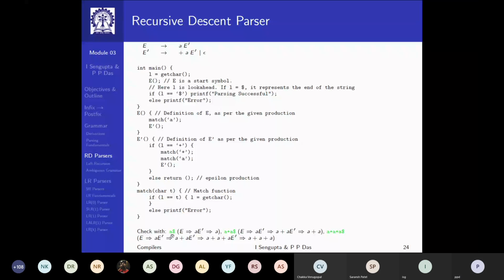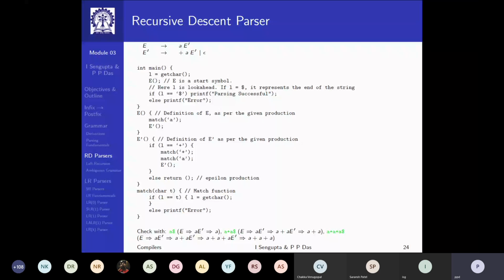Look down below. Otherwise, what can happen? The first production from E prime is a recursive one. So what does it do? Every time you call it, it will append a plus A to the earlier string.